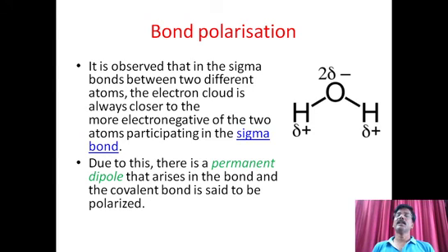Therefore, it gets a partial negative charge. Simultaneously, both the hydrogens are losing the electron cloud, therefore they get a partial positive charge. So overall, there is a dipole, that is, a polarity in the molecule itself, and this is what we call bond polarization.